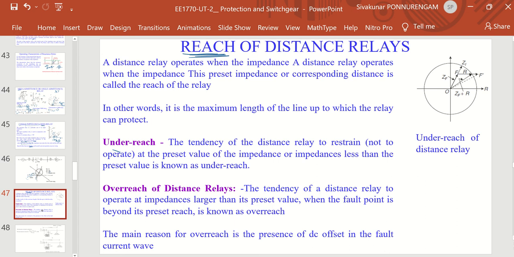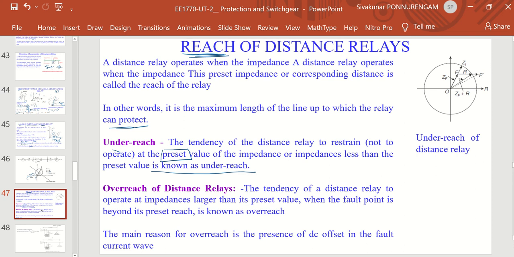In other words, it is the maximum length of the line which the relay can protect, which means the tendency of the distance relay not to operate at the preset value. This is the preset value of the impedance, and an impedance less than the preset value is known as the under reach. So the relay value is less than that, but it cannot be operated.